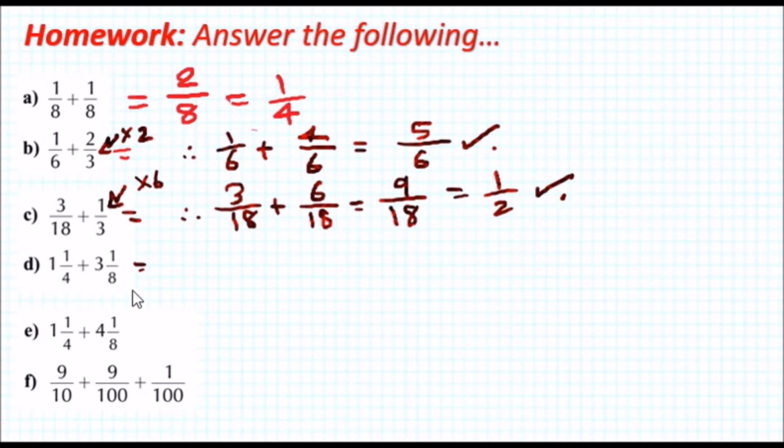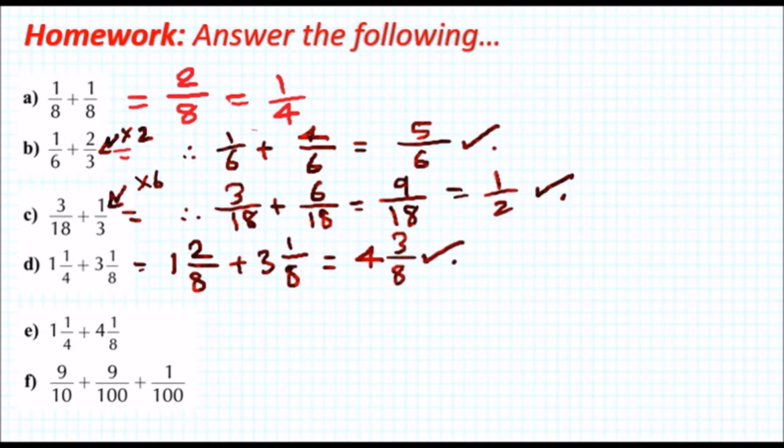But this is easy because you could just double this and then you'll get 8. So to double the first fraction, you get 2 over 8. And you just leave the second one alone. Now, with adding whole numbers and fractions, the whole numbers add to the whole numbers, fractions to the fractions. So 1 plus 3 is 4, and 2/8 plus 1/8 is 3/8. And that's it. There are other ways to do it, but this is one way.